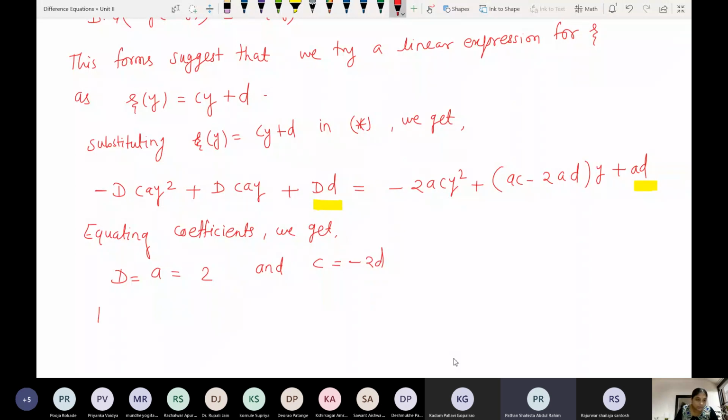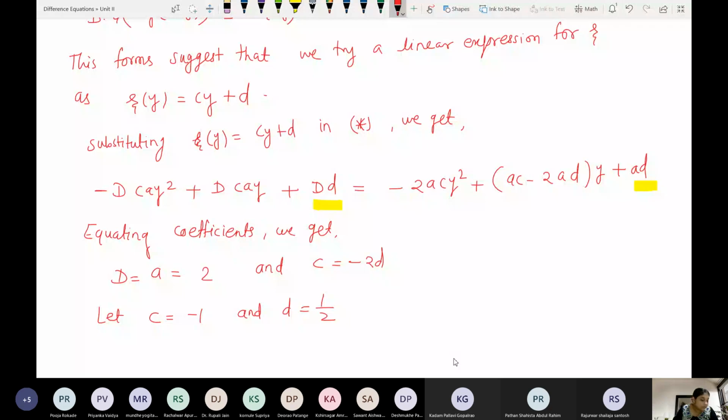So let C be, say, minus 1. And then what will be D? D will be 1 by 2 from here. If I choose C equal to minus 1, D will be half.